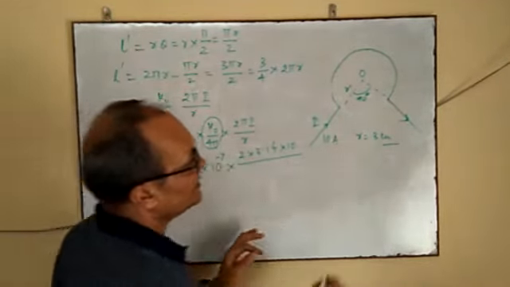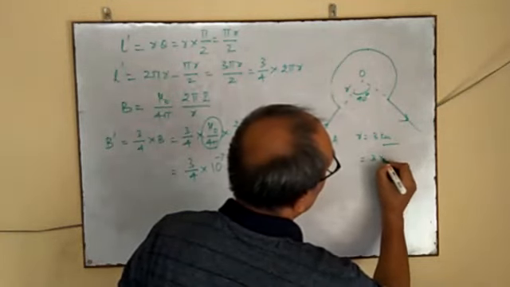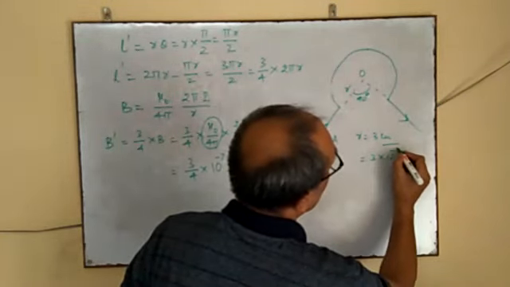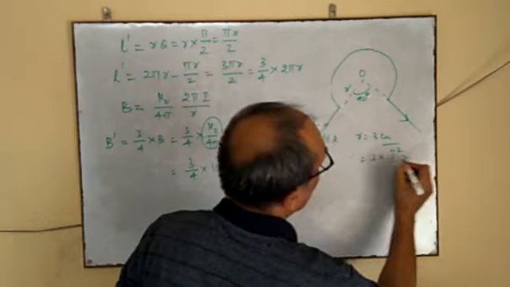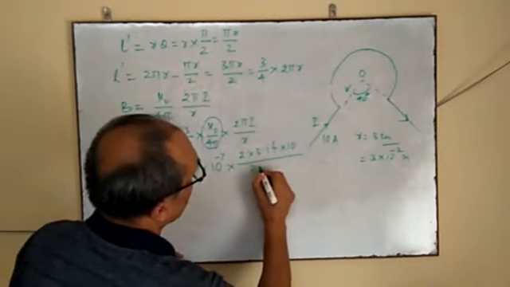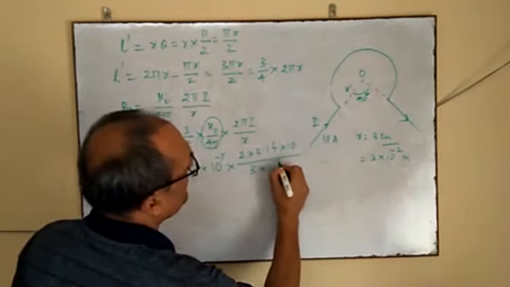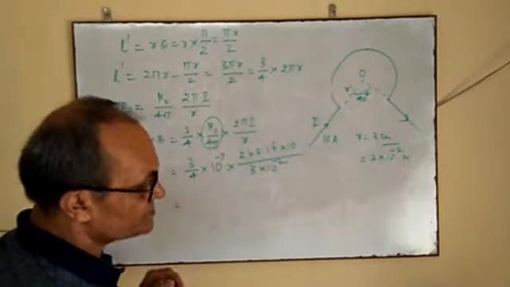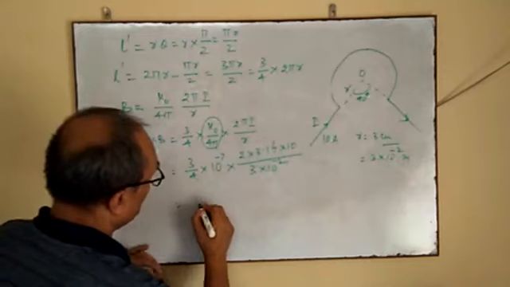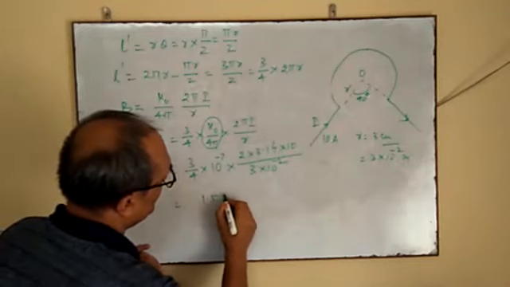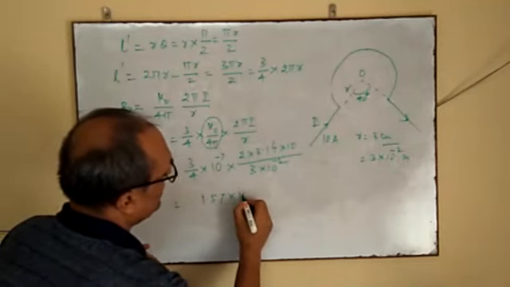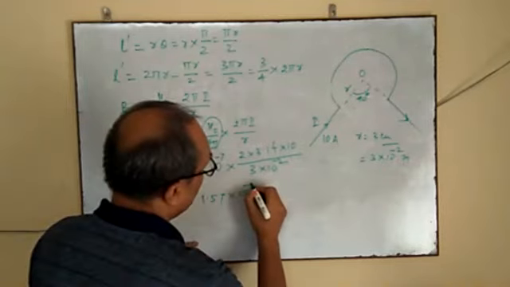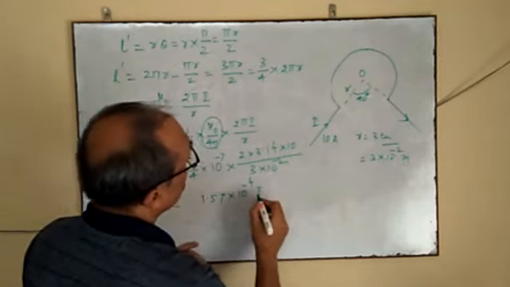Radius is 3 centimeter, so we can say 3 into 10 to the power minus 2 meter. So we will write 3 into 10 to the power minus 2. After simplification of this portion, we will get 1.57 into 10 to the power minus 4 Tesla.